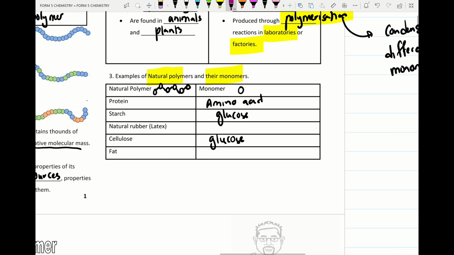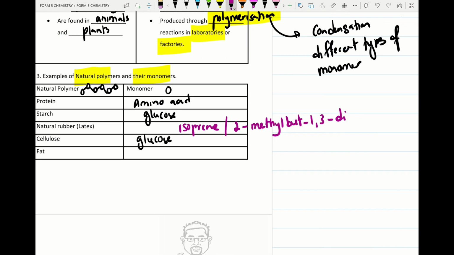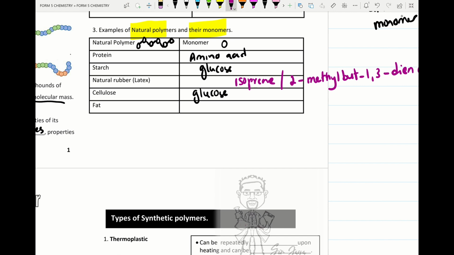All right, so we go to natural rubber. For natural rubber, the monomer is isoprene, or another name, 2-methylbuta-1,3-diene. For fat, the monomers are fatty acid and also glycerol.